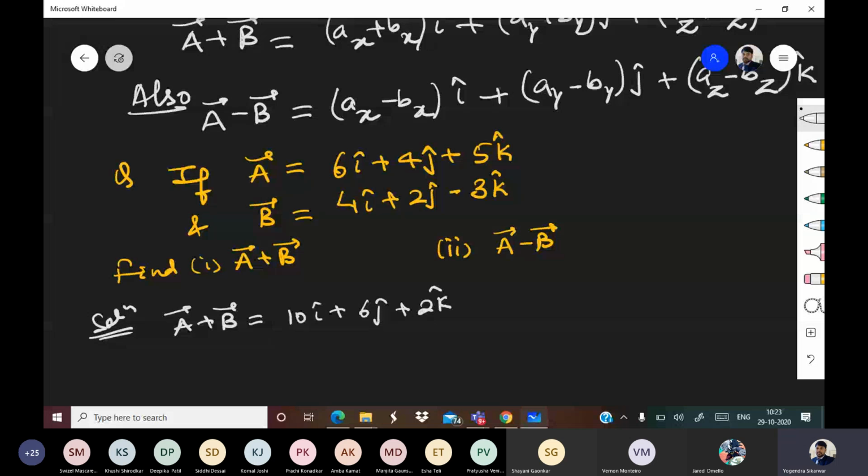And A vector minus B vector will be 6 minus 4 will be 2 i cap, 4 minus 2 will be 2 j cap, 5 minus 3 will be 8 k cap. So these will be the answers.